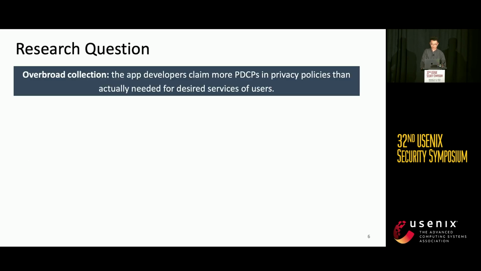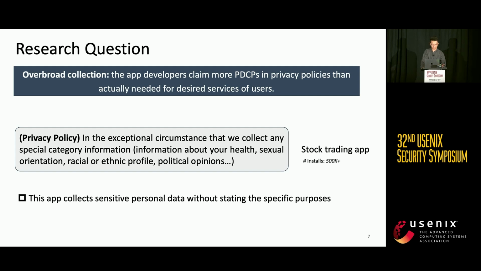In industry, for commercial purposes, some app developers may claim more PDCPs in the privacy policies than actually needed for the desired services. So we call this overbroad collection of PDCPs. For example, this is a stock trading app.